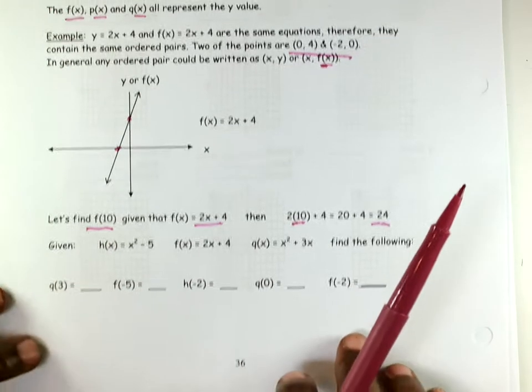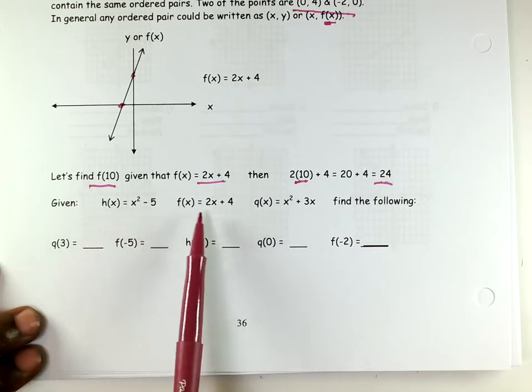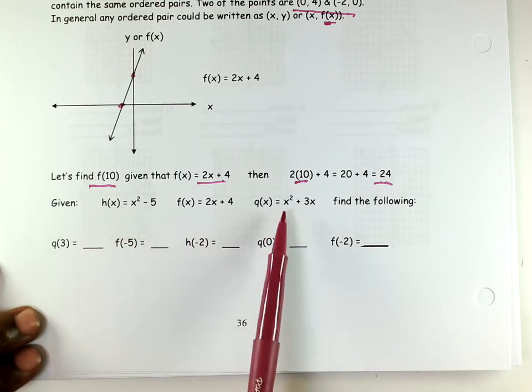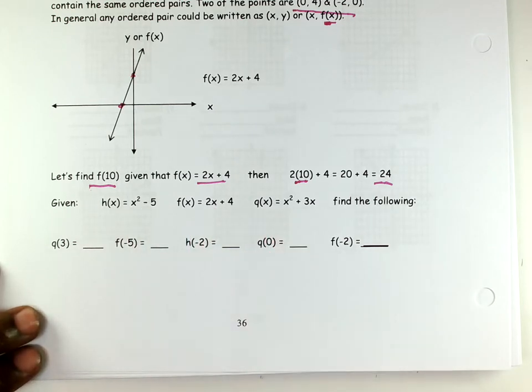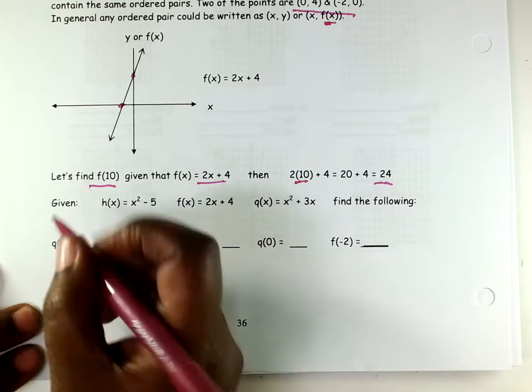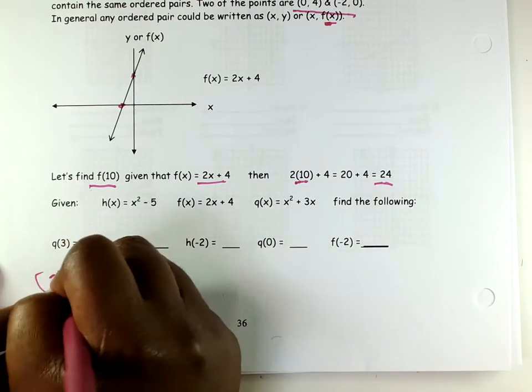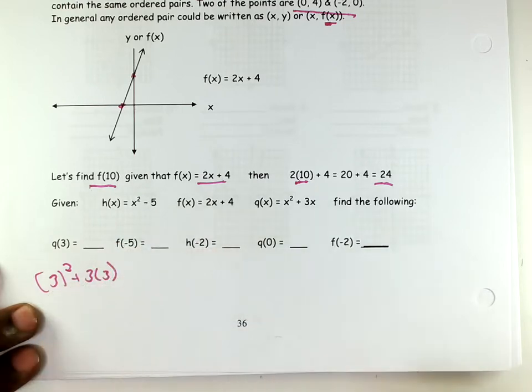So we have some functions here. h of x is x squared minus 5, f of x is 2x plus 4, and q of x is x squared plus 3x. And I want to evaluate it. So q of 3. So here's my q function. So I have 3 squared plus 3 times 3.